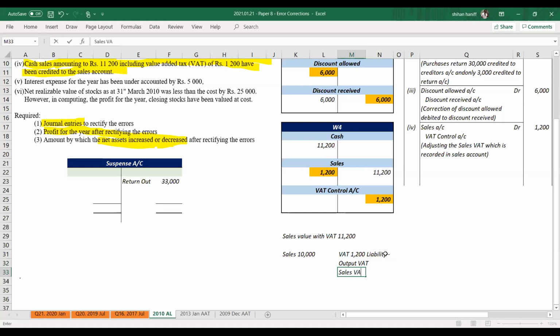Sales VAT. It's a liability. So sales account should be credited only 10,000. 1,200 should be credited to the sales VAT or output VAT account or the general VAT control account. That's how we record the sales with VAT.